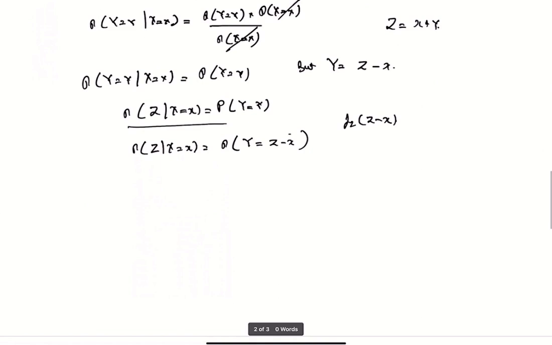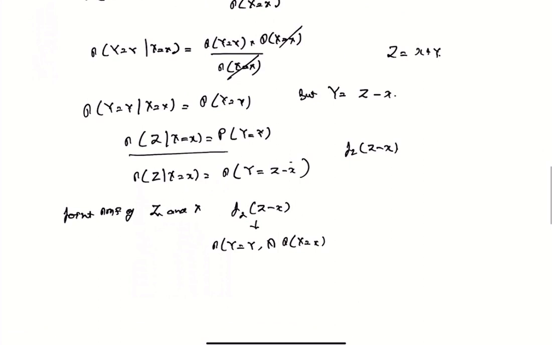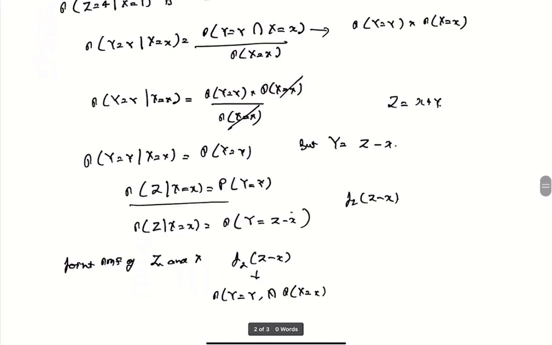So if we want to say then joint PMF of Z and X will be f2 of z minus x, which is just the PMF of probability Y is equal to y and probability of X is equal to x, which we have seen earlier.